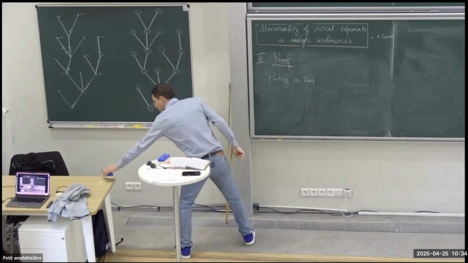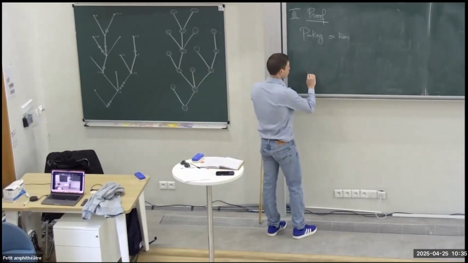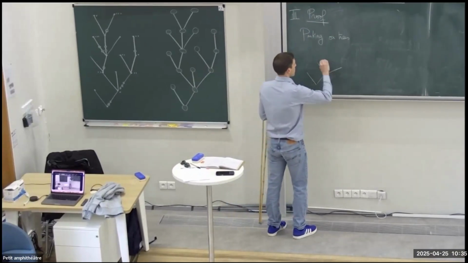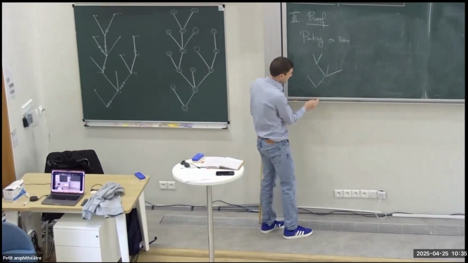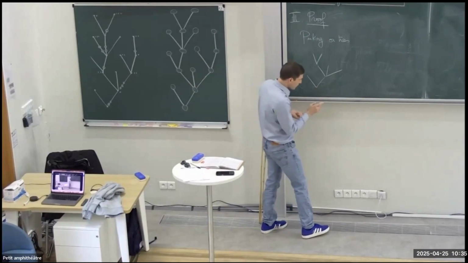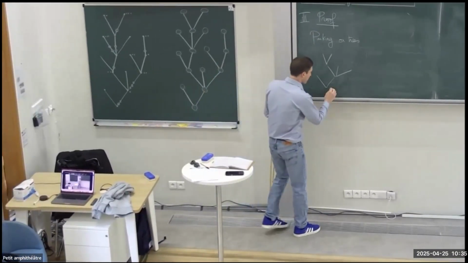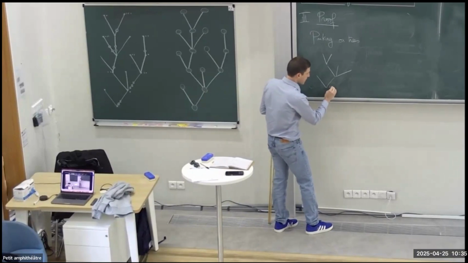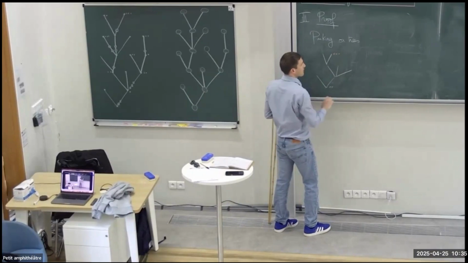So what do you have? You have a model of plane tree, okay? And for each vertex of your tree, you will have some cars, some number. It's just a non-negative integer attached to each vertex, which is just the number of cars arriving on this vertex.